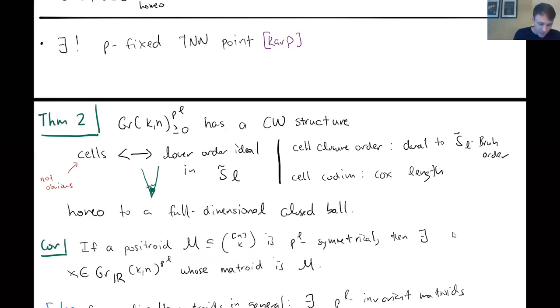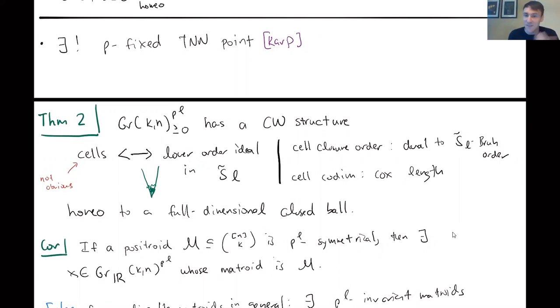Then I claim that there actually is a symmetric point in the Grassmannian that satisfies those conditions. So the assumption is just about k-subsets being symmetric, and the conclusion is about points in the Grassmannian having equal Plücker coordinates. So equality of real numbers, like 6 = 6 and 3 = 3 for my first example.